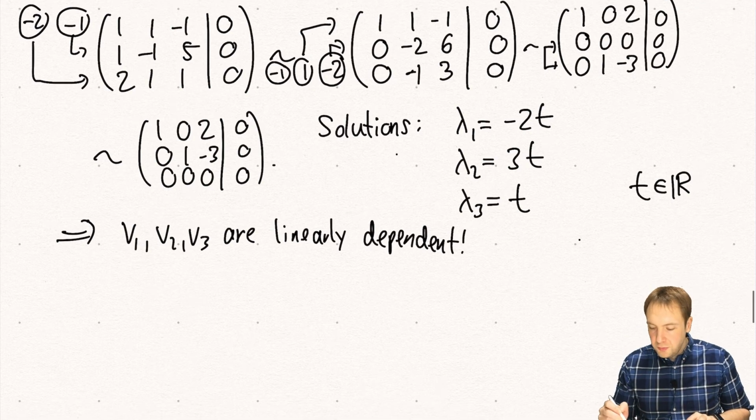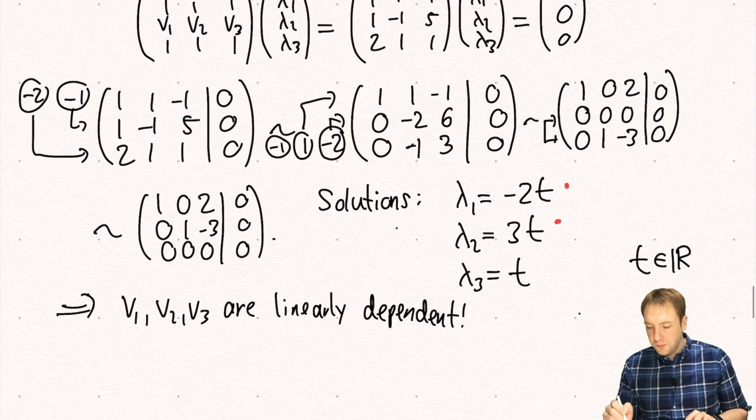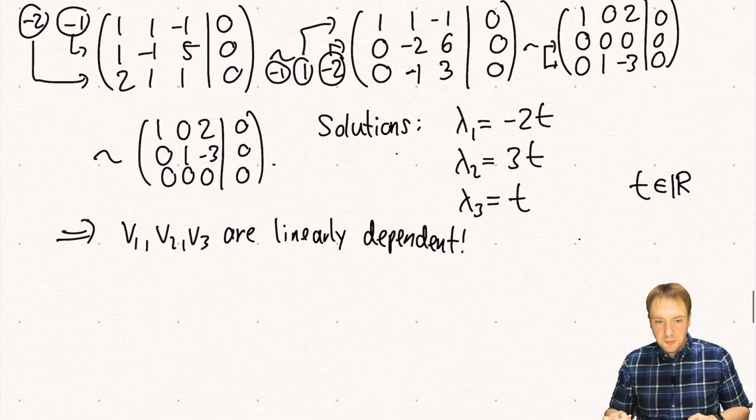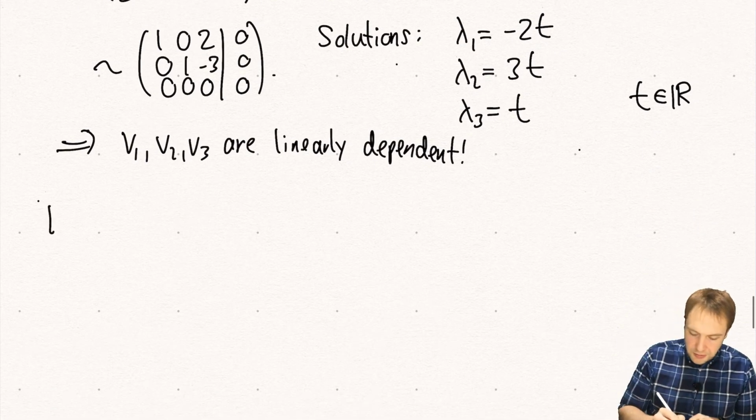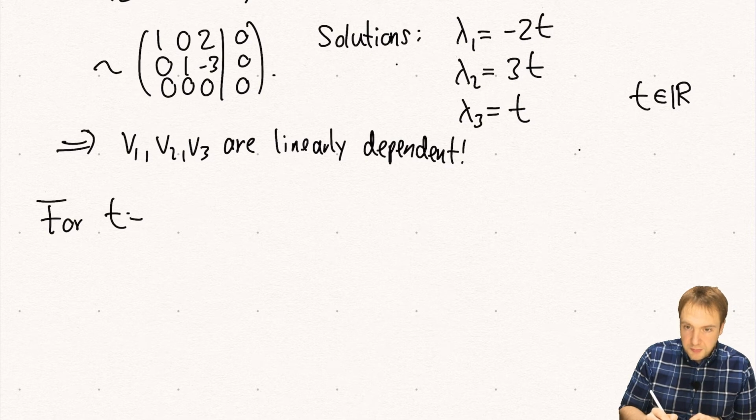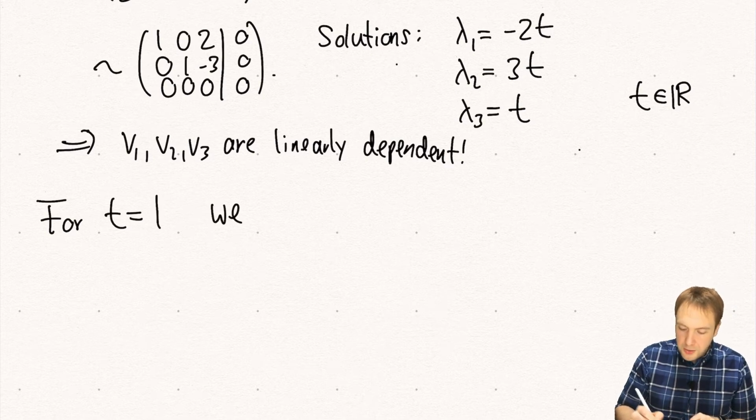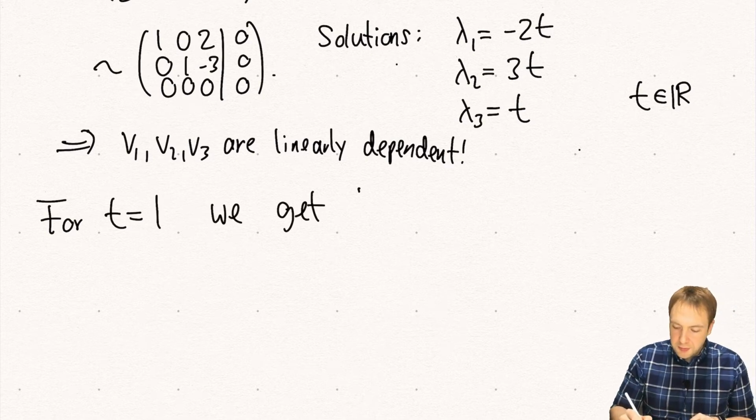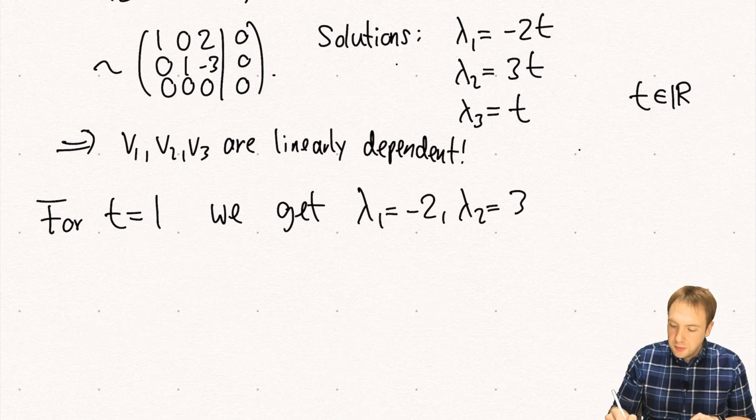Because I can find a solution, so I can choose some t here. So let's do this. So for example, for t equals 1, we get that lambda 1 is minus 2, lambda 2 is 3, and lambda 3 is 1.